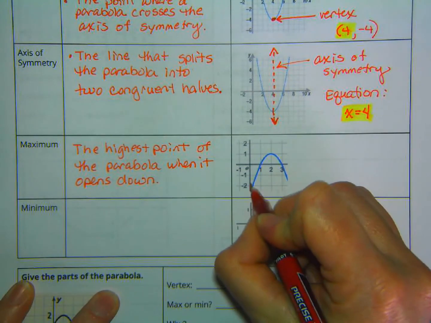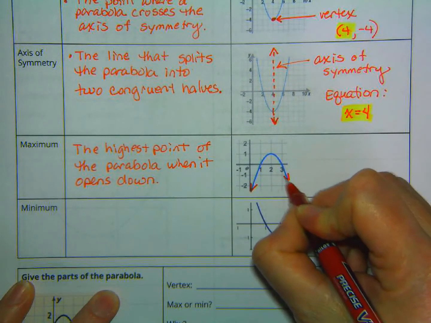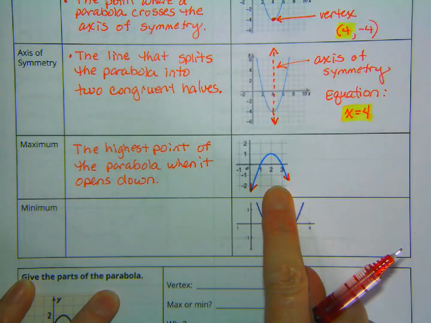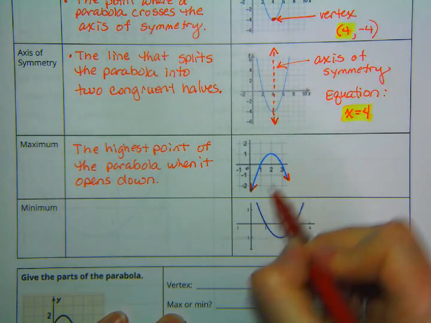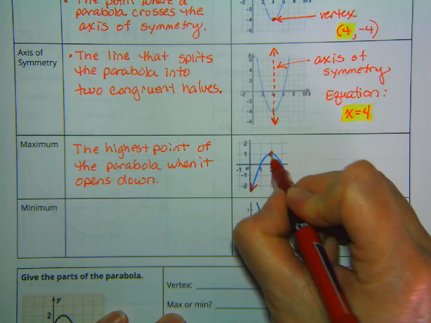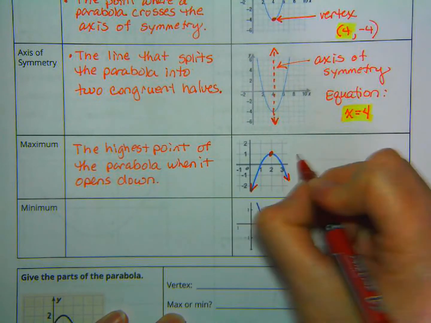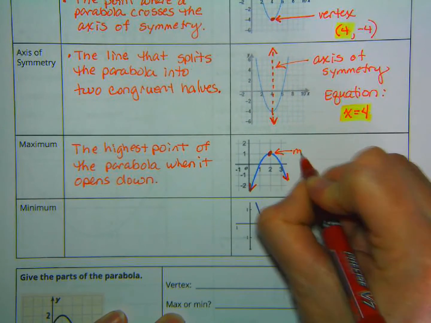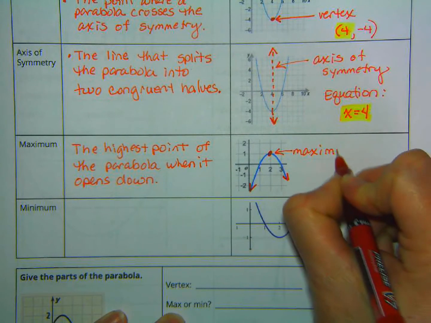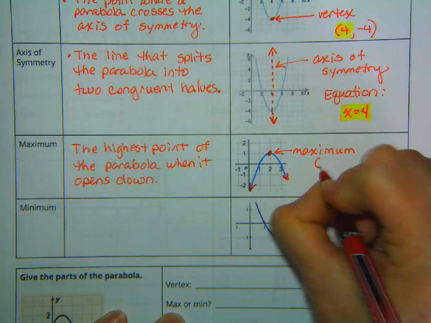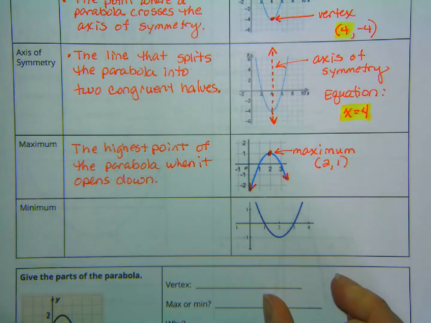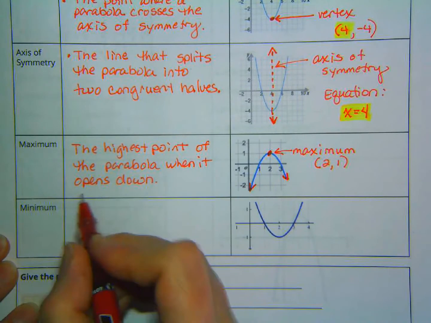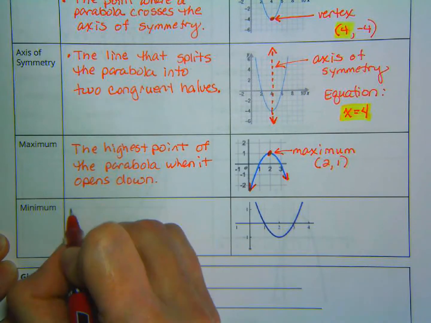In this case, you see there are arrows here even though they're not written. So there is no lowest point for this parabola. So this right here is a maximum. That is the highest point. So the maximum, which is a vertex, is (2, 1). And I'm assuming you could probably manage to write the definition for the minimum.